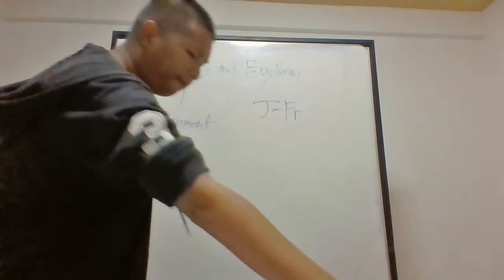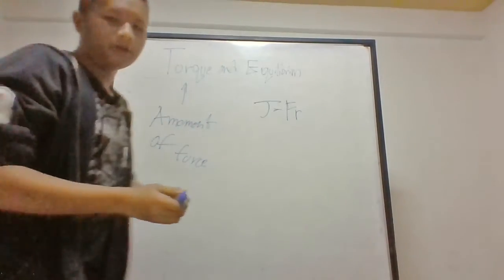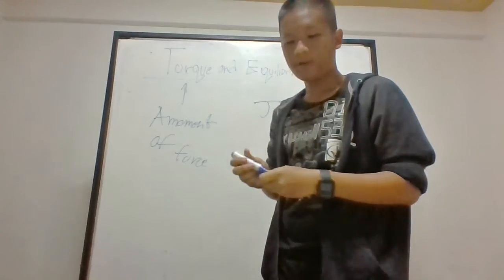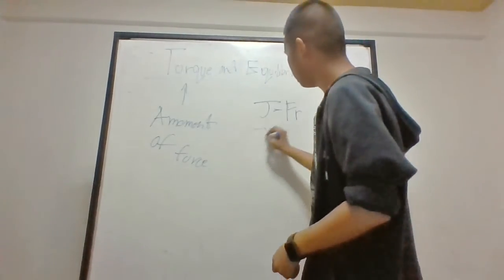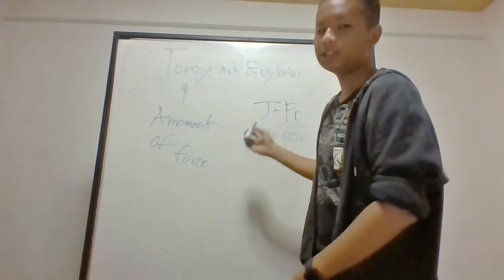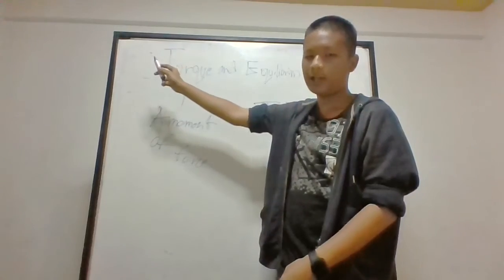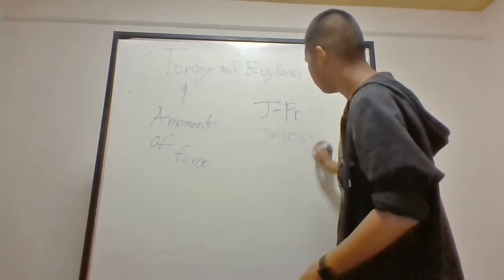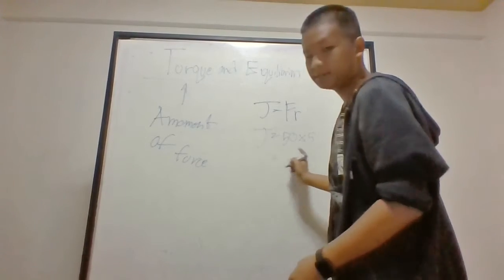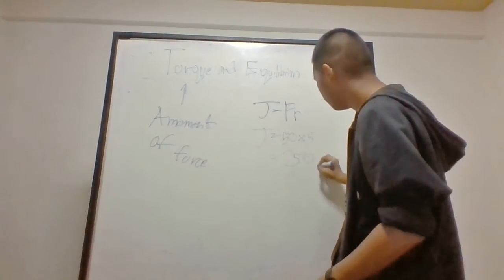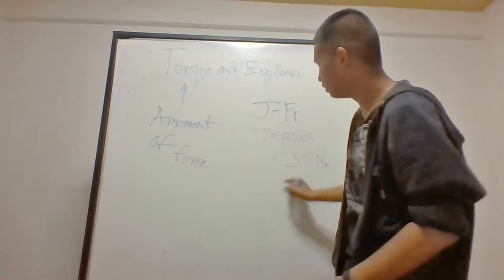So in an example, let's imagine that I apply 50 force to the door, 50 times, and let's imagine that this door is 5 meters long. So 50 times 5, we get 250 Newton.